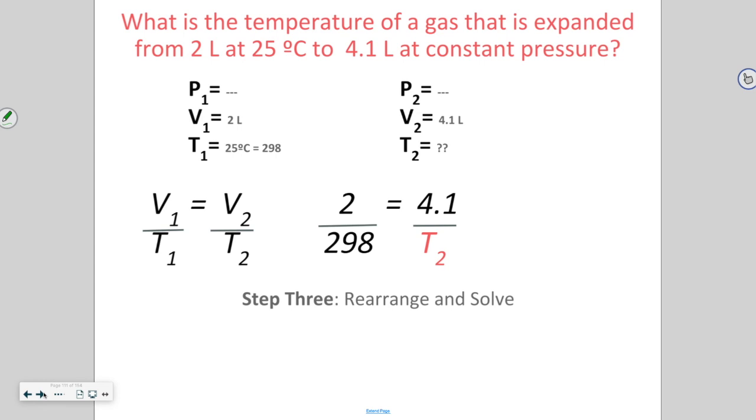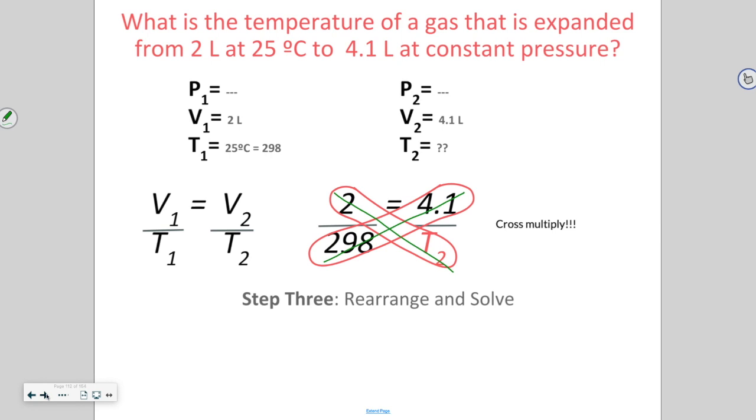Again, here we have our fractions. We have our division. We need to get everything out of the bottom. So, cross multiply. Again, when you cross multiply, everything from that one diagonal is going to go together, and everything from the other one is going to go together on the other side.